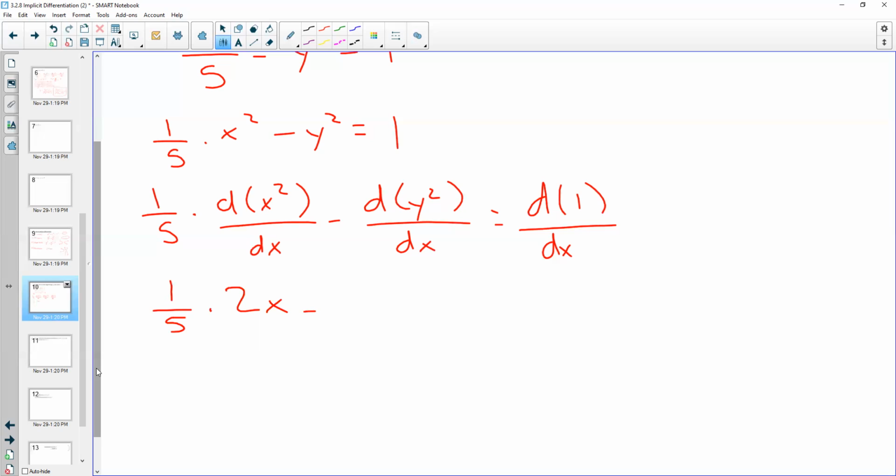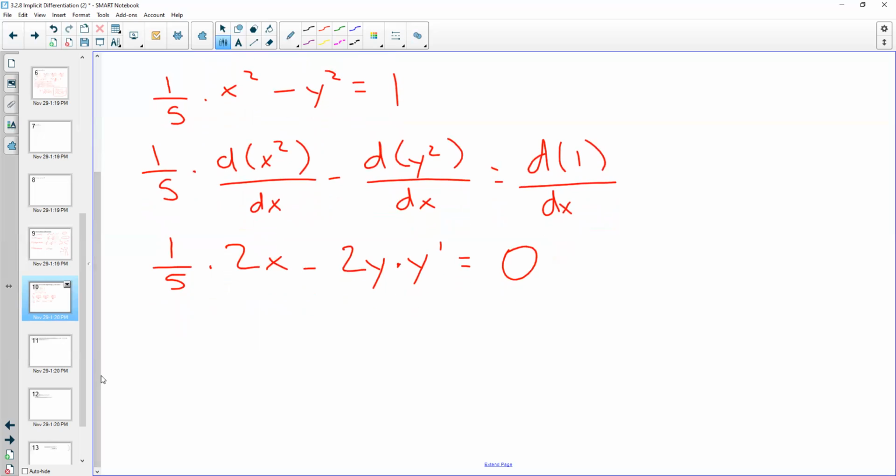So the derivative of y squared would be 2y multiplied by y prime, and the derivative of 1 is going to equal 0. So I'm going to combine these. We'll have 2x over 5 minus 2y multiplied by y prime is equal to 0.